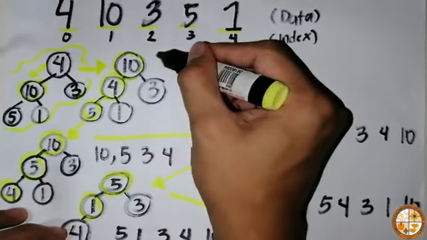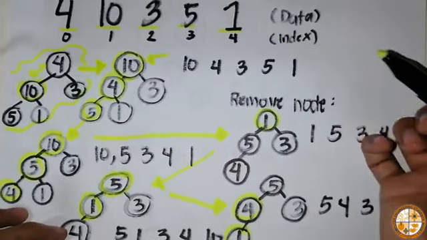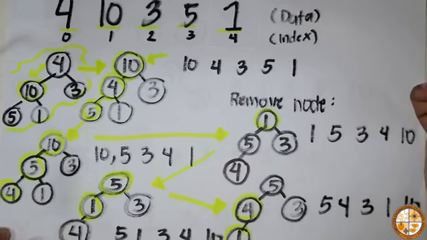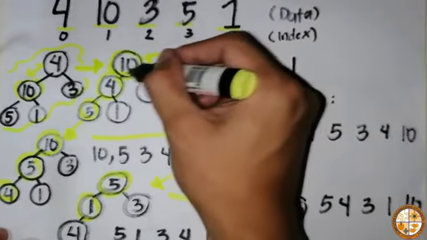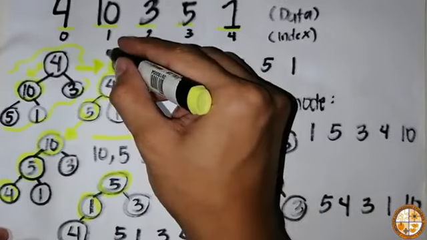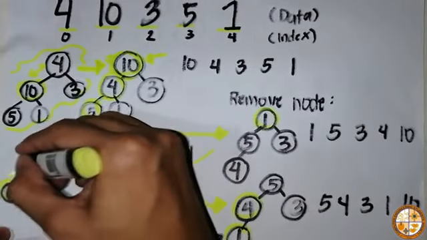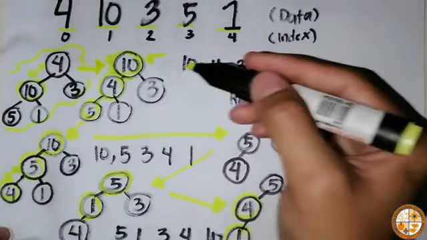In a max heap, parent node is always greater than or equal to its child nodes. 10 is already largest. 10 is greater than 4. So we swap 10 and 4. 5 is greater than 4. So we swap 5 and 4.